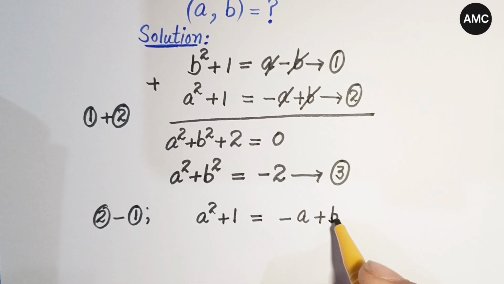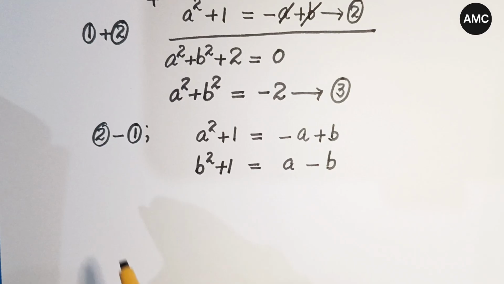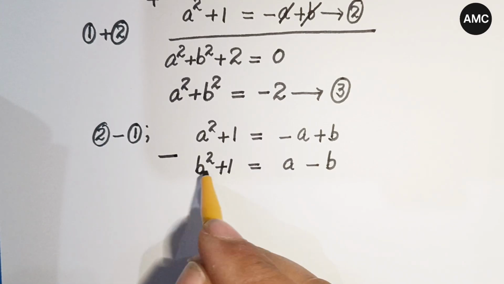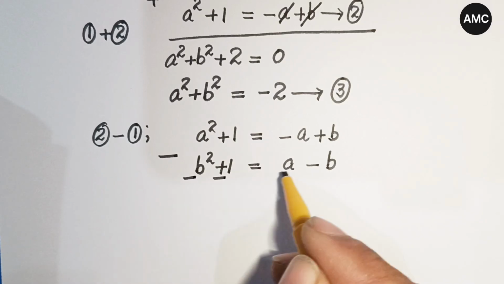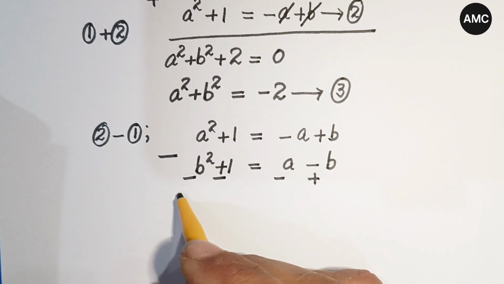We have to write this equation 2 first, and similarly writing equation 1, which is b squared plus 1 is equal to a minus b. Now we have to subtract these two equations. So for this purpose we have to convert the signs here: positive will be negative, positive will be negative, and plus a will be minus a, and minus b will be plus b.